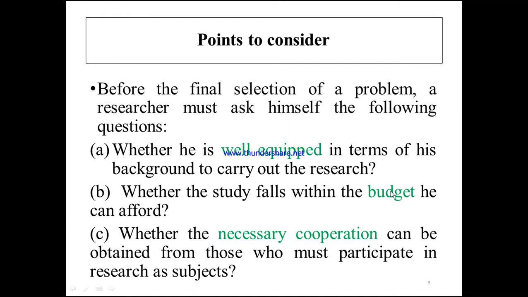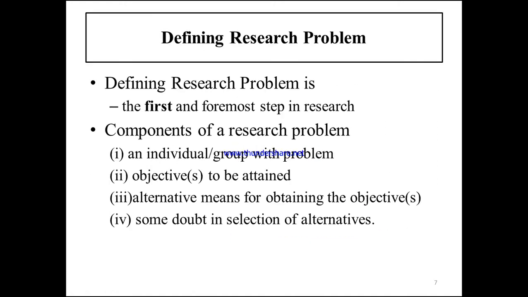You have to consider this thing. And the third basic thing that you have to consider is the cooperation of various stakeholders. So whether there is a cooperation or not should be checked. So these are the points that you have to consider in selecting a research problem.